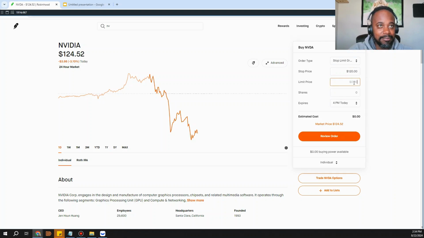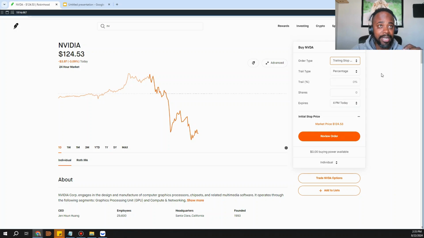But if I can't get stopped out at $120, meaning my position won't be sold at $120, then I may have to range it to like $118. And somewhere in between there, you will be able to get out of the position and be executed efficiently, because you're coming to find out sometimes when these stocks are volatile, you could potentially lose out on some money because some of the brokerages won't trigger those stop losses if the stocks are moving too fast.